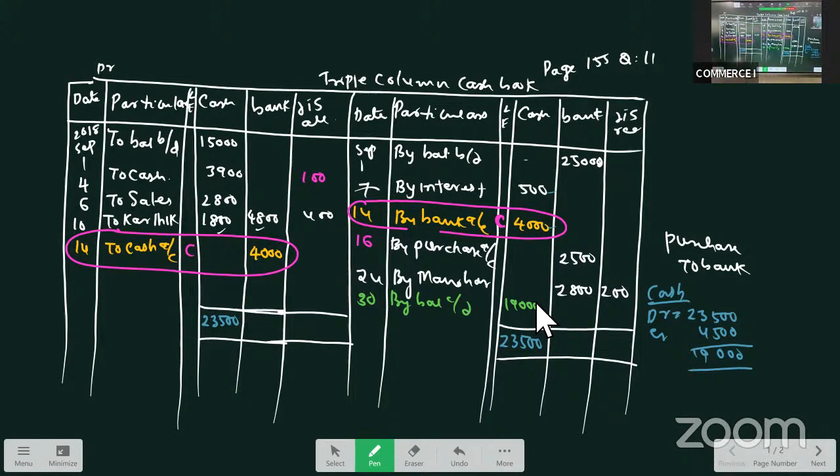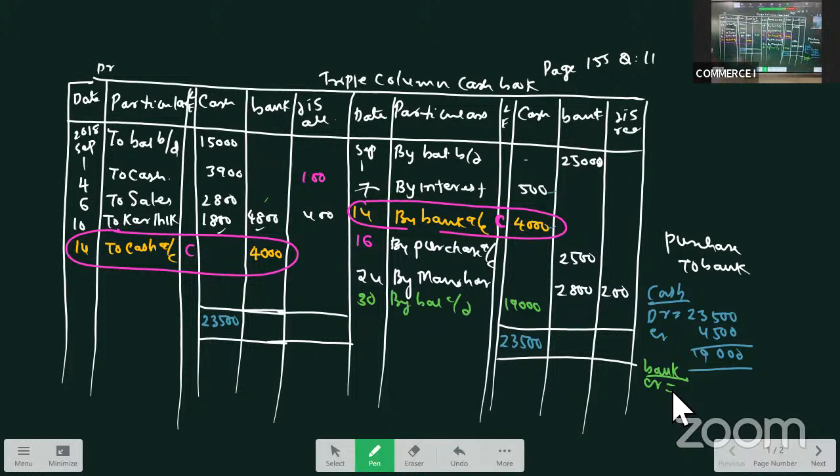Then what about bank column? Bank column debit side we have only 8,800, but on the credit side 25 plus 2. So in case of bank, it is heavy on the credit side. What is the total on the credit side?